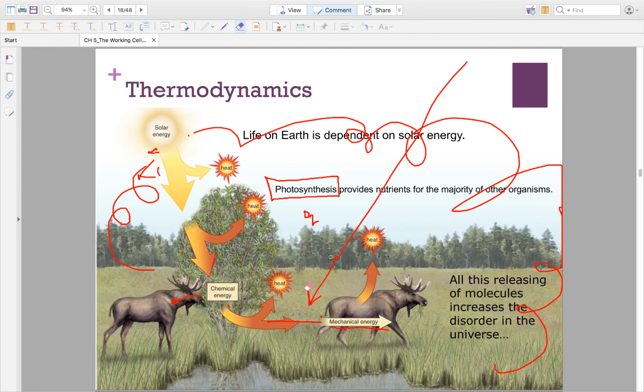But it can be changed from one form to another. That is a law. And the fact is that we can't make energy. The energy sources we have on this planet, we didn't make them, right?